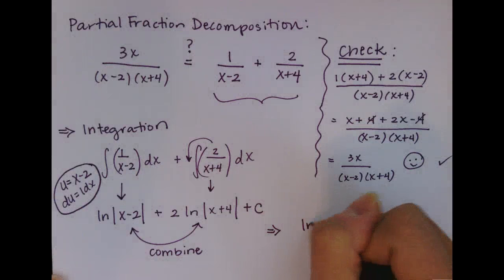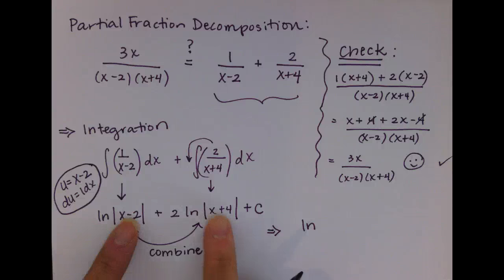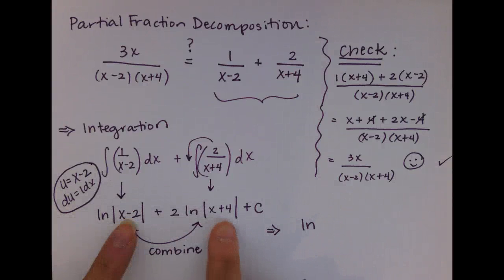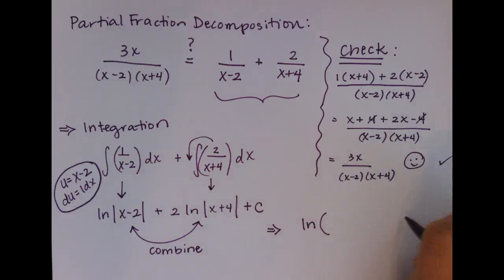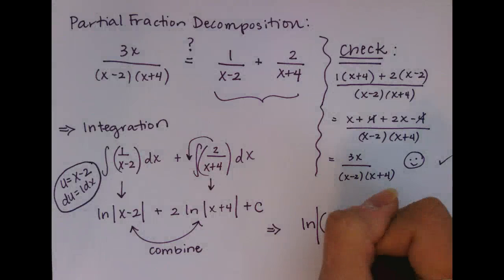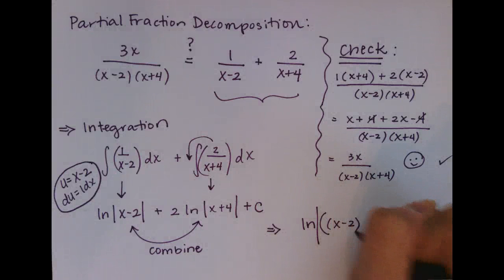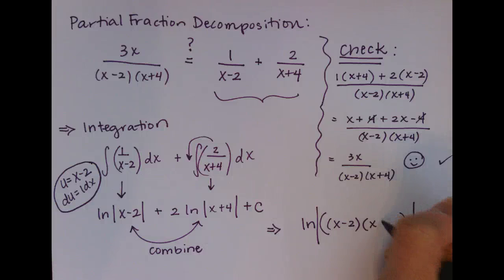Log property says that if I'm taking the log of two terms and adding them, I can combine it into a single log term by taking the product of those two arguments. Also, constant multiples out front equate to powers of the argument. So altogether, within my absolute value, I have the natural log of x minus 2 times x plus 4 squared plus c.